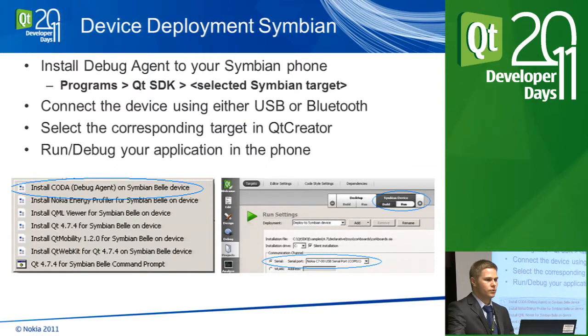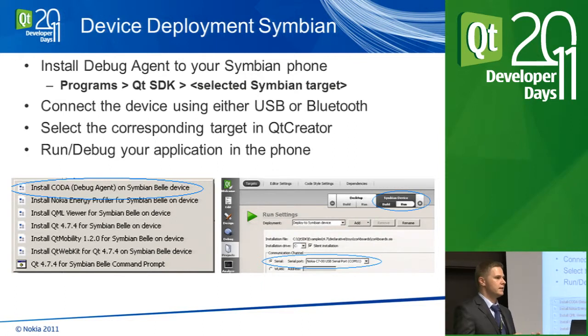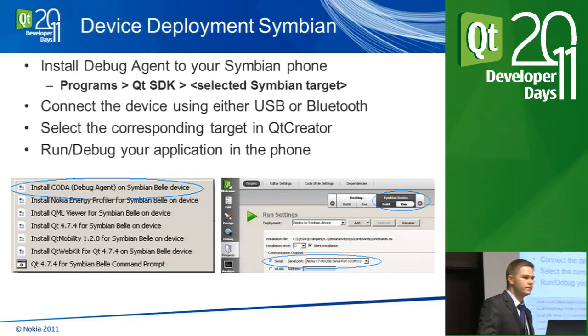Then you can go to the Start menu, Programs, Qt SDK, and find the target, for example Symbian 3. And you should be able to see a link in there that you can click on to install the debug agent on your phone.